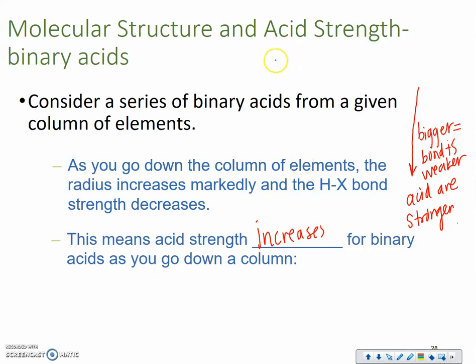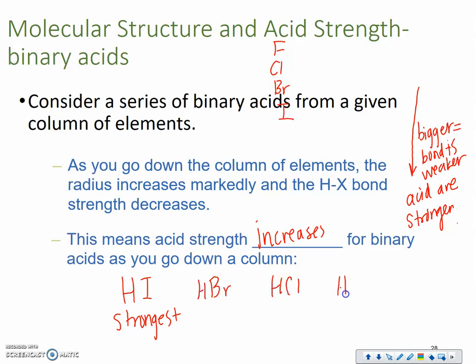So if we consider the elements F, Cl, Br, and I in a given column, HI is the strongest because it's the biggest, and then HBr, HCl, and then finally HF is going to be the weakest.